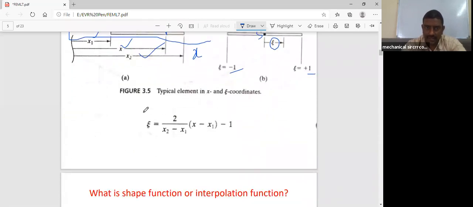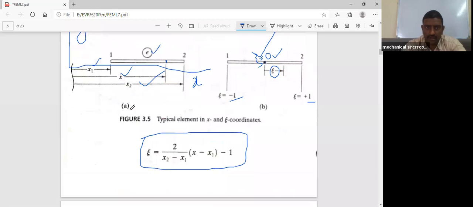This is the transfer function, which is used to convert from Cartesian coordinates to natural coordinates. So this is the transformation function: J is equal to 2 by (x2 minus x1) into (x minus x1) minus 1.